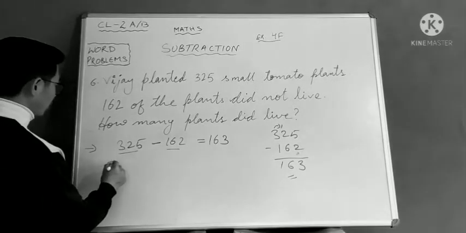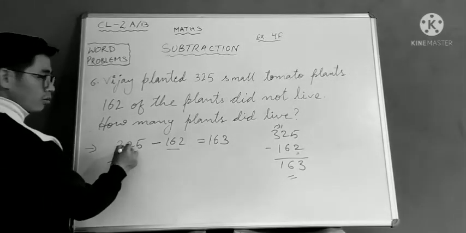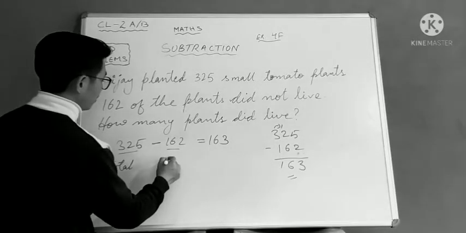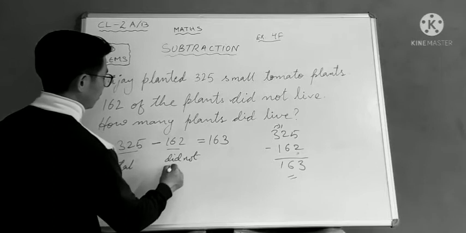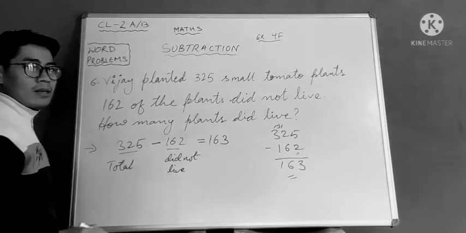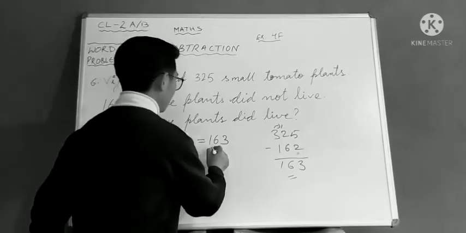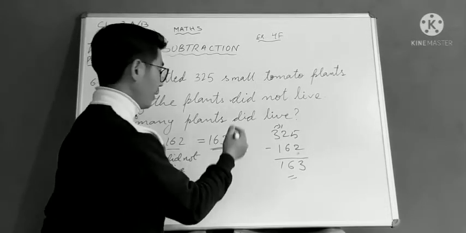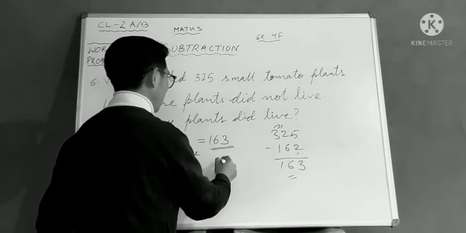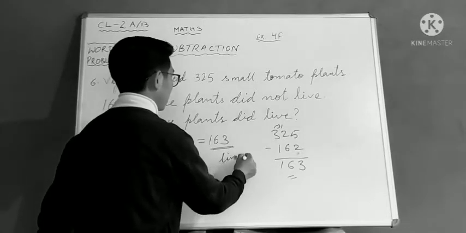So the plants that did not live, they died. Okay, and so the total number of plants that actually lived is this.